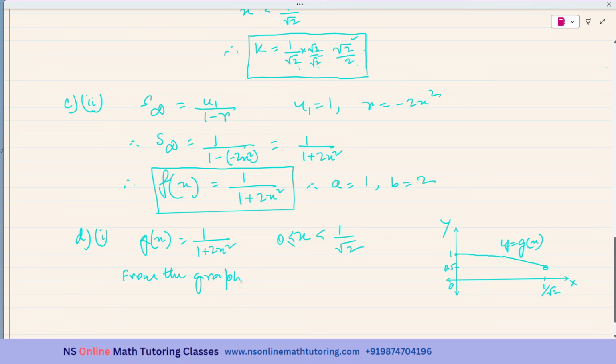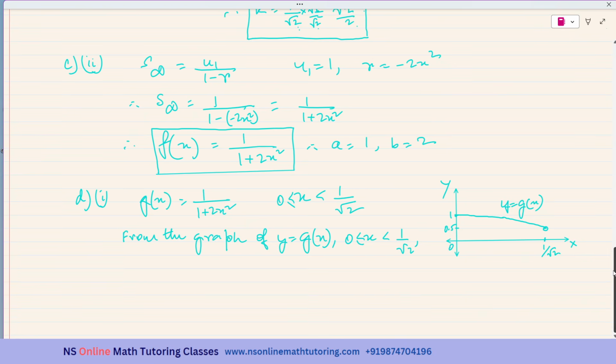From the graph of y equal to g of x, x greater than or equal to 0 but less than 1 over root 2, we find that g of x is a decreasing function with no turning point.